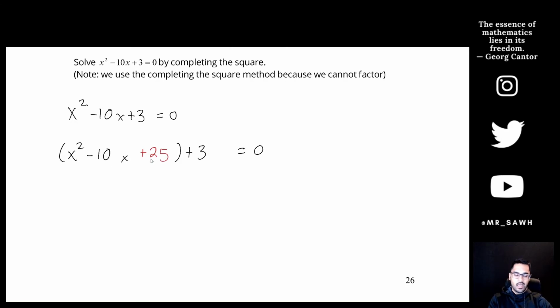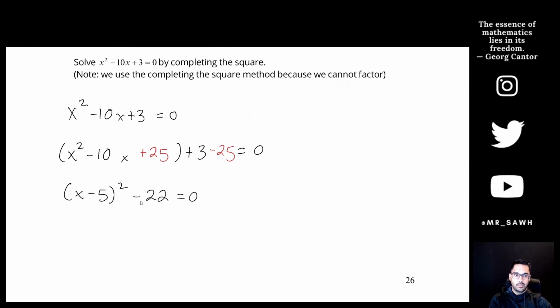But since I added that number, we also have to take it away in order for this to have the same value. So really those 25s will cancel out for 0, and I didn't change anything. But if I go to factor this now, I get (x − 5)², following our perfect square pattern. I can collect the constants. It's −22 = 0.